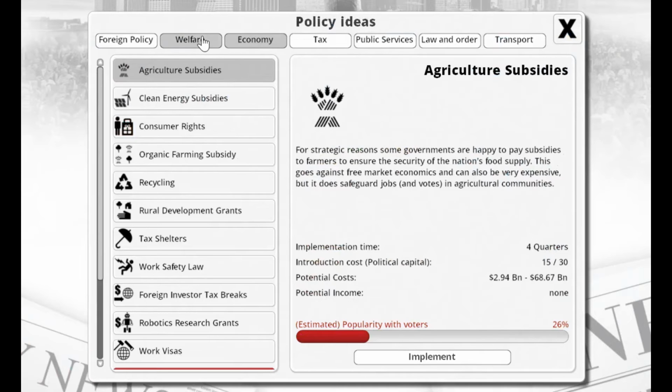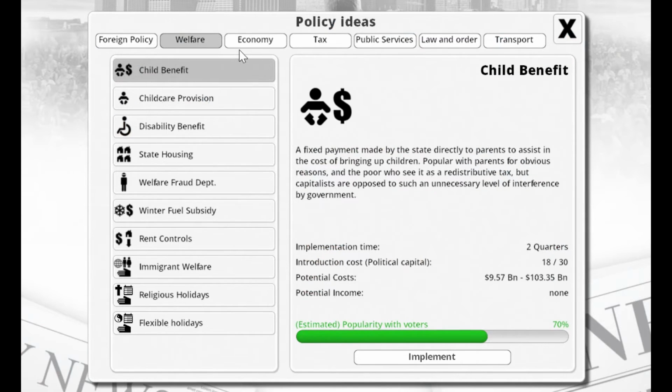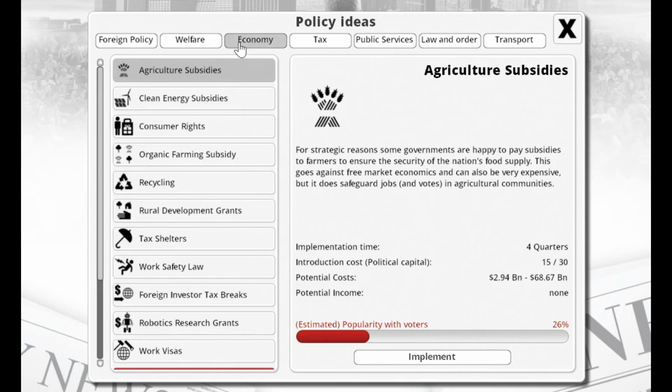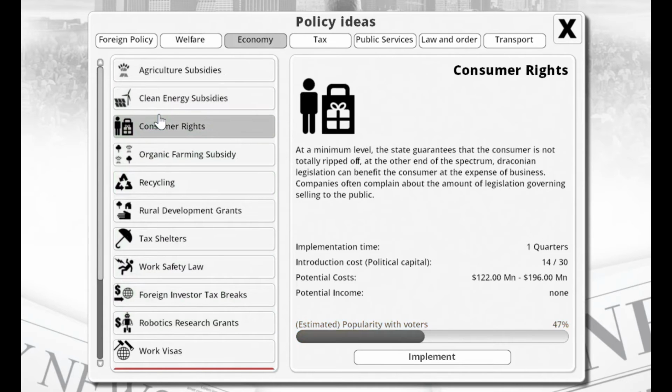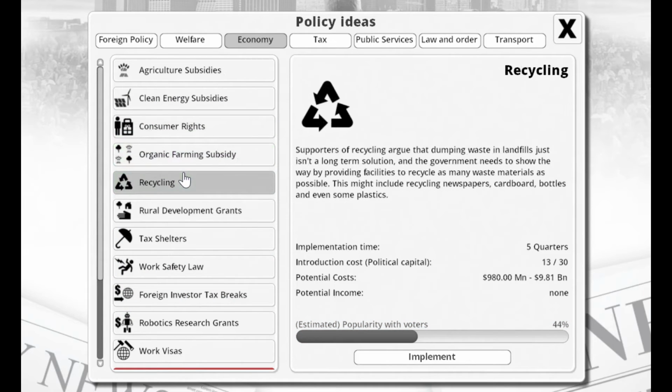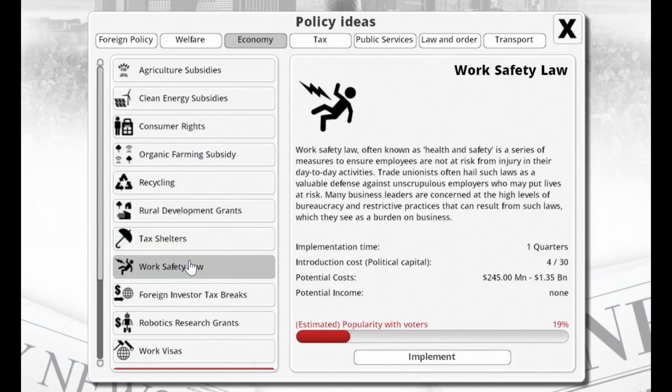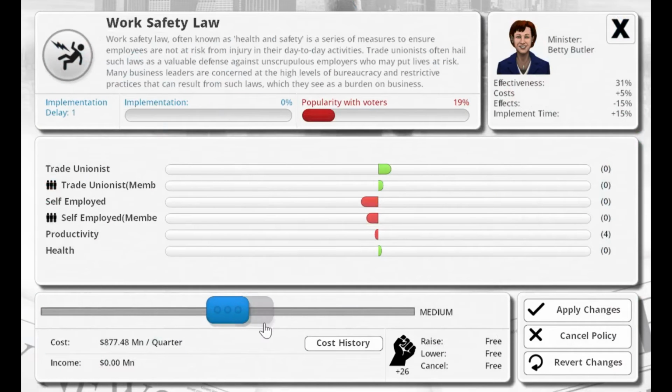Economy. Think. Okay. So what would help? Work safety laws. Okay, apply changes.